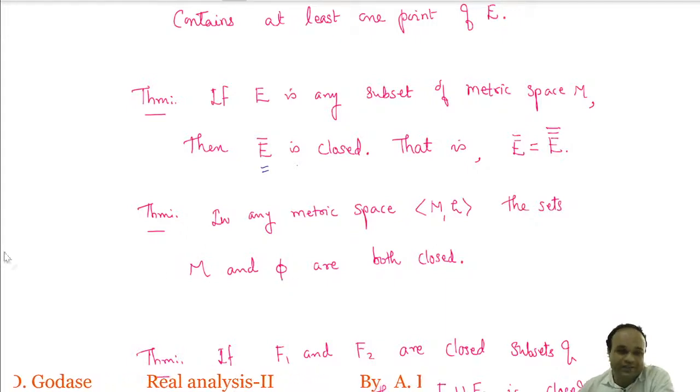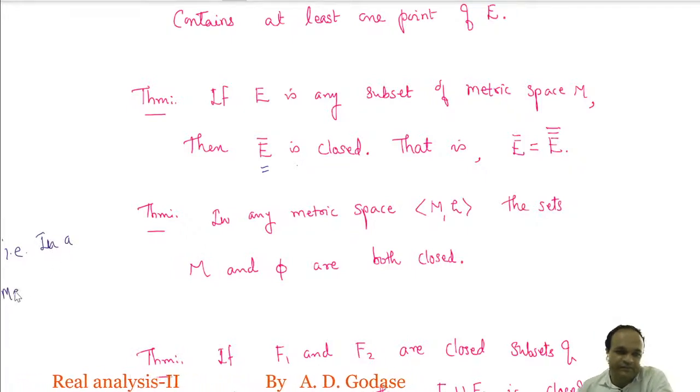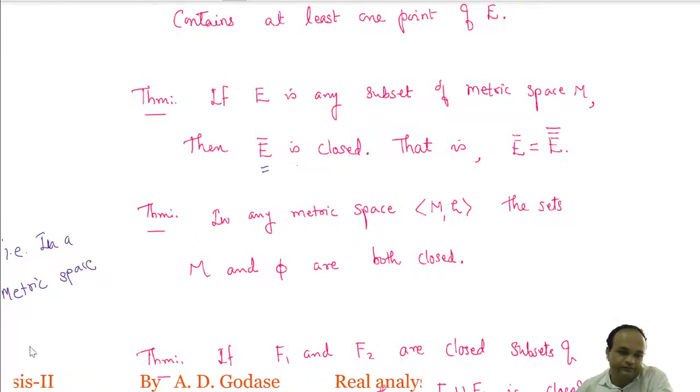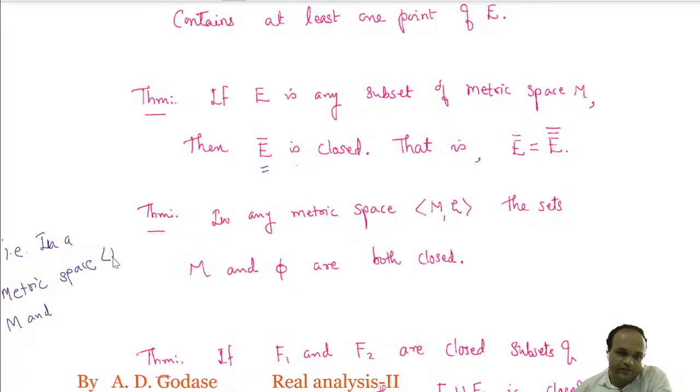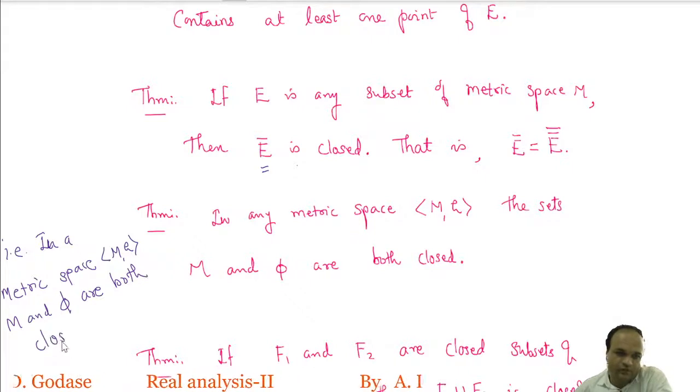So in a metric space (M, rho), M and phi are both closed and open.